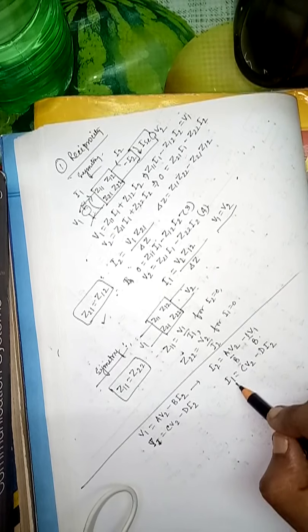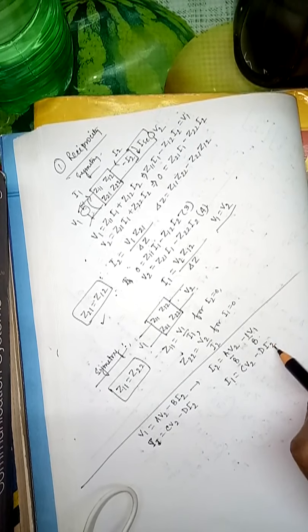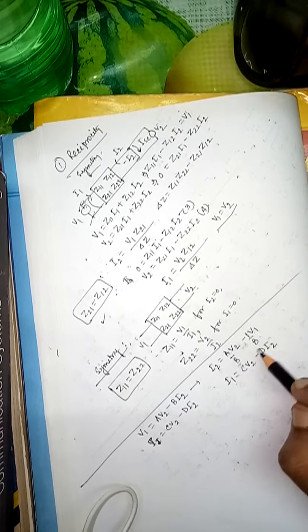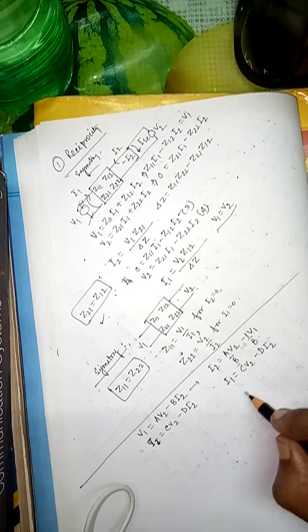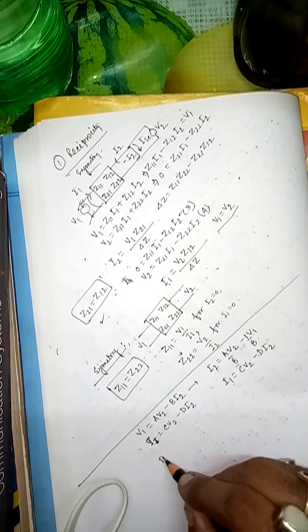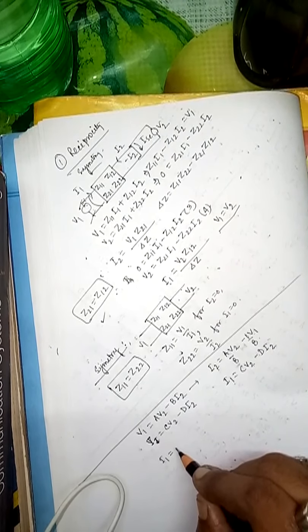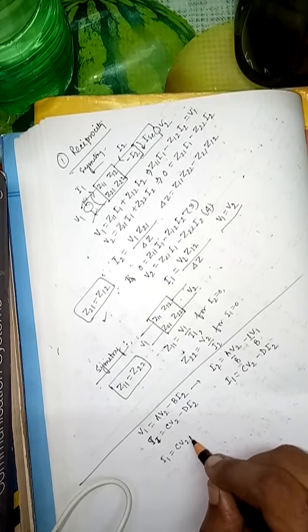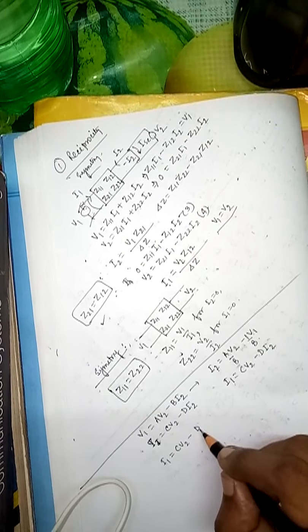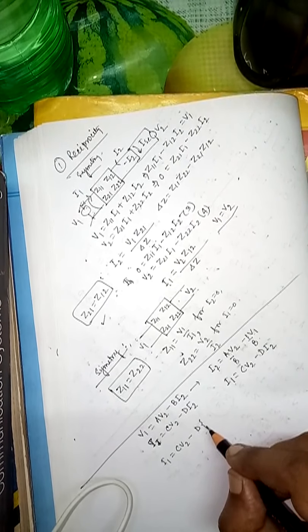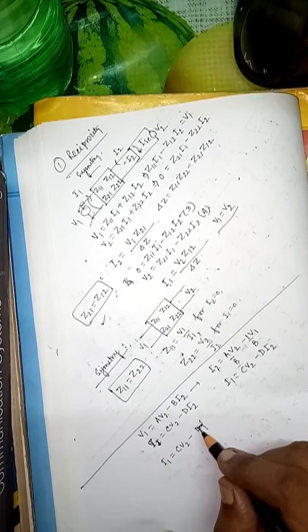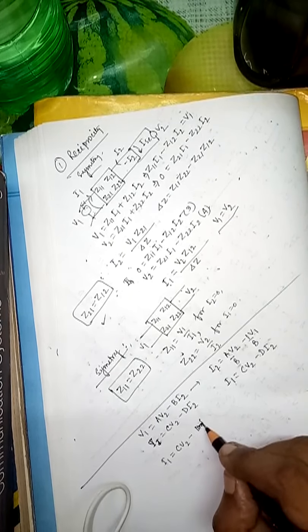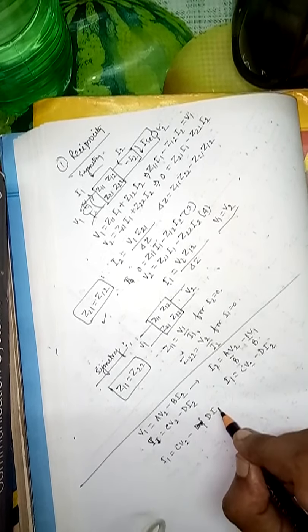Here I1 equals the form of V2 V1, but here it is I2, so that I2 can be replaced in this particular form. So it can be written as I1 equals CV2 minus DI2.